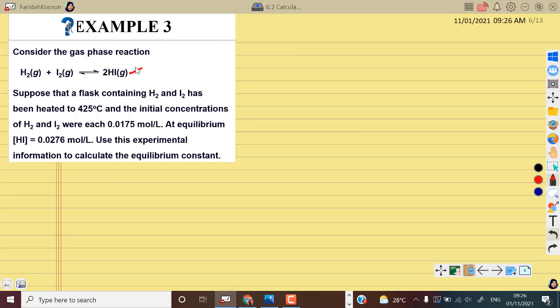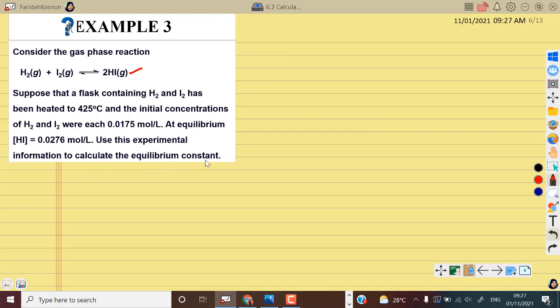Okay, suppose that a flask containing hydrogen gas and iodine gas has been heated to 425 degrees Celsius and the initial concentrations of hydrogen and iodine were each 0.0175 molar. Okay. At equilibrium, the concentration of hydrogen iodide is 0.0276 molar. Use this experimental information to calculate the equilibrium constant.